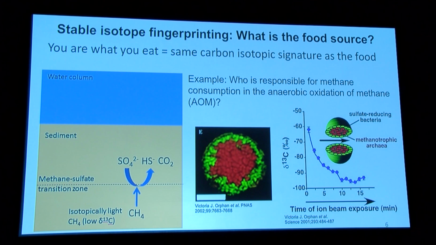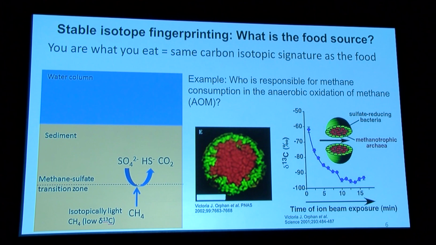Just to give you a brief example of how people have used it in the past, fortunately, Victoria Orphan already introduced the anaerobic oxidation of methane in her excellent talk on Wednesday, so I don't have to introduce that. When Victoria started out with her research quite a while ago, they didn't really know who is responsible for consuming the methane in these sulfate-methane transition zones.